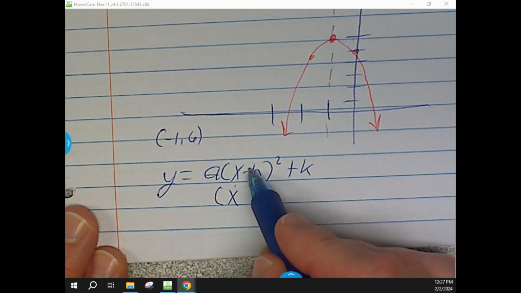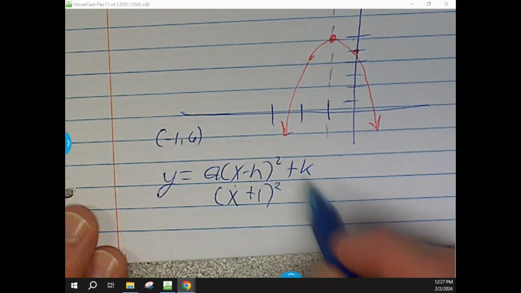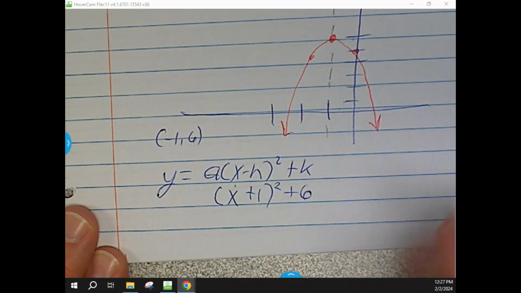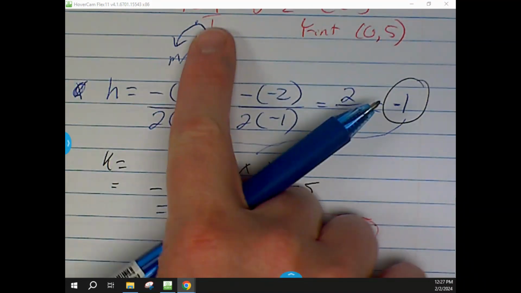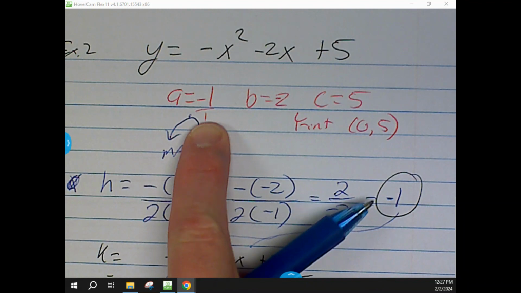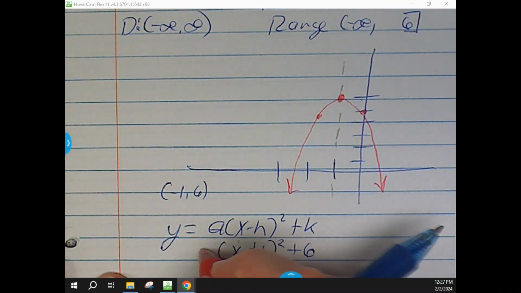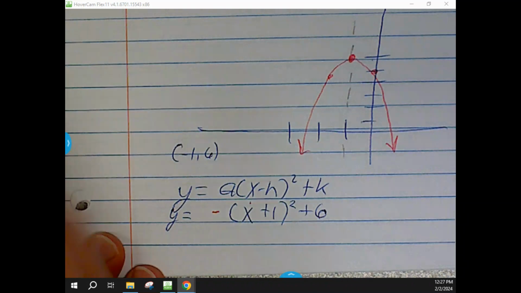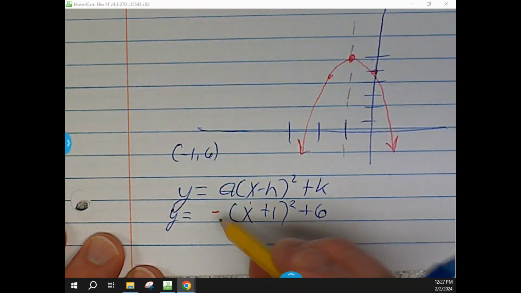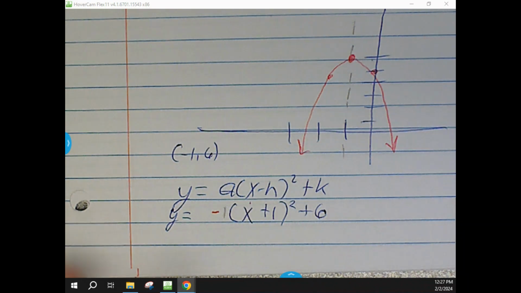And if you do minus a negative, that will make it a positive. That number stays the same. And then our A value from way back up here was negative 1, or just a negative. So then we need a negative right there. Okay, if you put the 1, that's great. If you don't put the 1, that's great too. That 1 that's there is kind of optional. If you want to put it there, you can. If you don't, you don't have to.